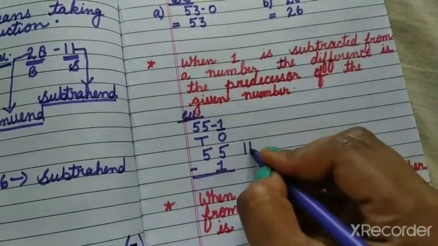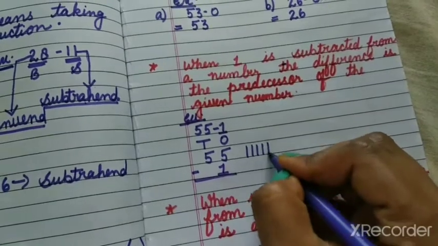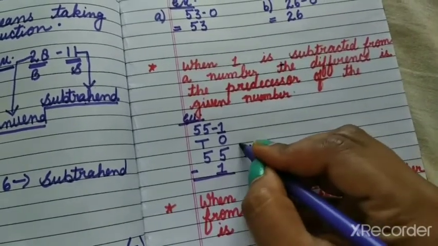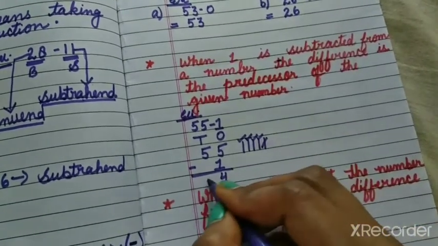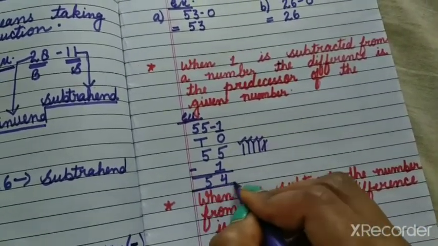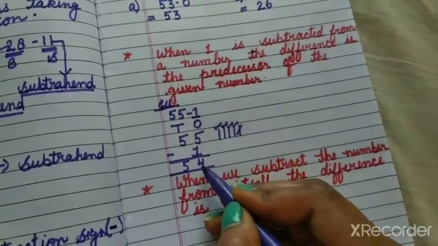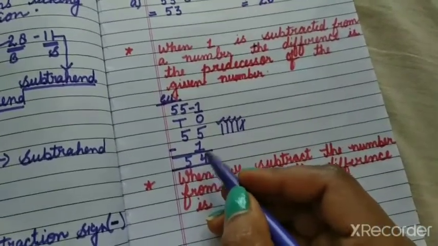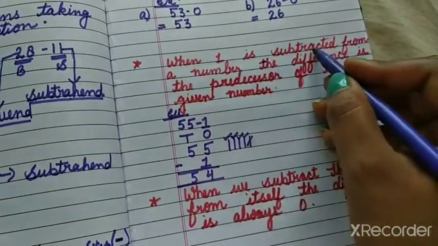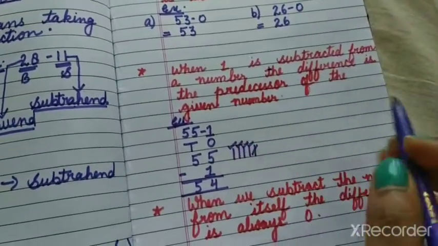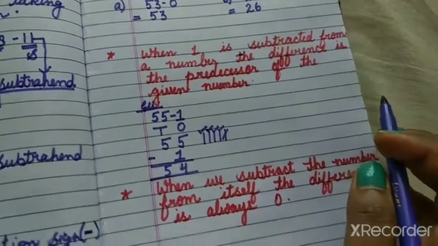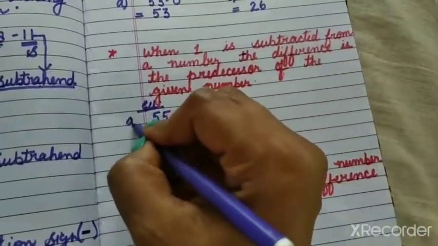Make 5 lines. 1, 2, 3, 4, 5. Cut 1 line. How many lines left? 1, 2, 3, 4. 4, 5. Yes. So we get 54. It means when 1 is subtracted from a number, the difference is the predecessor of the given number.